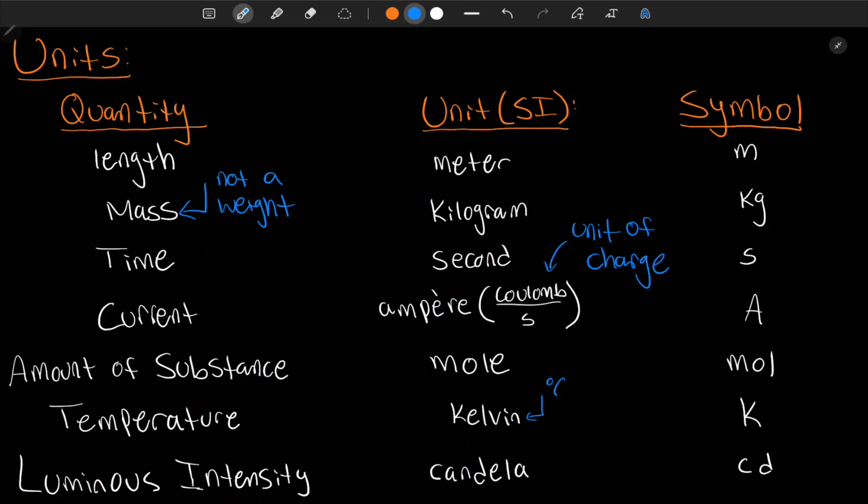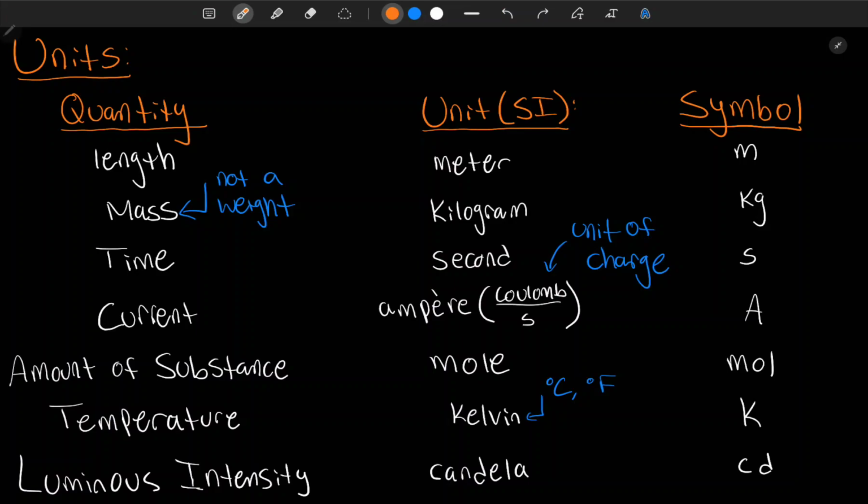You can also use degrees Celsius, or you may have even seen degrees Fahrenheit. But for the SI unit specifically, you use Kelvin. And on the MCAT, you may be required to convert between Kelvin and Celsius.